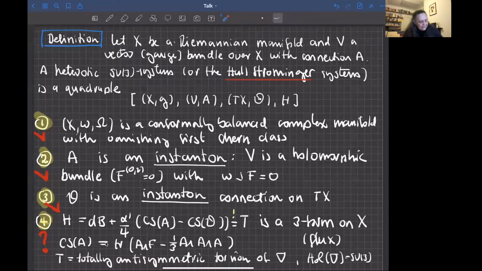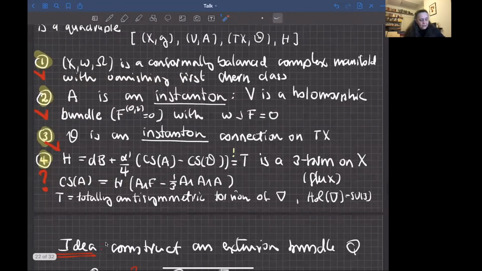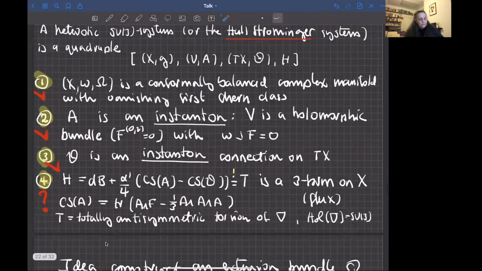That A and theta should be instantons, meaning that the corresponding bundles are holomorphic, and that the curvature is traced with respect to the Hermitian form.